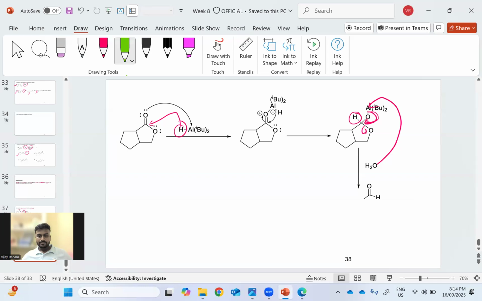So here the O negative forms, so that bond comes here. This bond opens, and so here it will be a double bond on O, and here it will be OH.